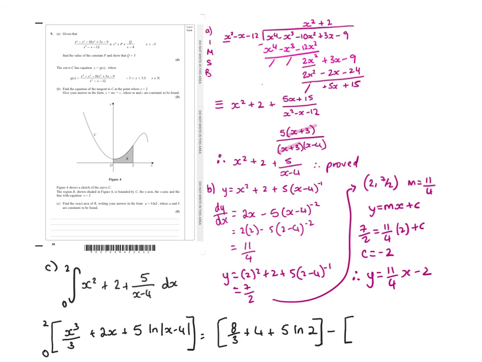Minus 0 cubed over 3 is 0, plus 2 lots of 0 is 0, 5 ln of 0 minus 4. 0 minus 4 is minus 4, but we're going to take the modulus, so I'm going to get 5 ln 4.